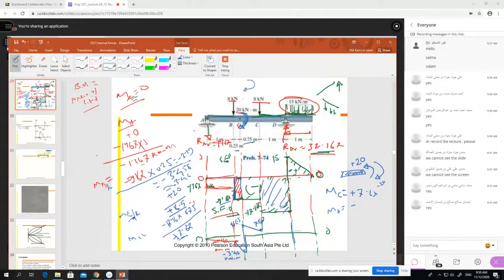We are doing something wrong. Here is 9 point, not 17 point. Here is 9 point. Look, I repeat it from here. The calculation is wrong, so I repeat from here.